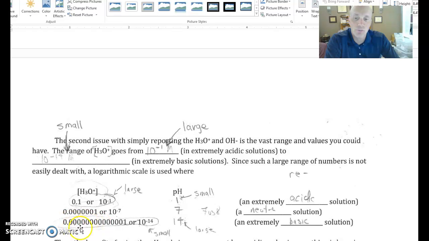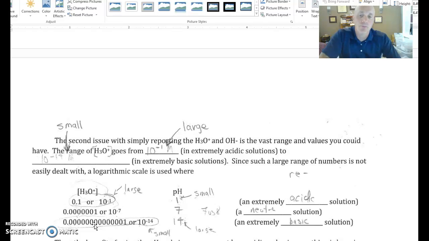For example, if I were to show you this number right here and ask how many zeros are between the decimal and the number, it's pretty easy to tell. But with this one, it would be very easy to just leave out one of these zeros.